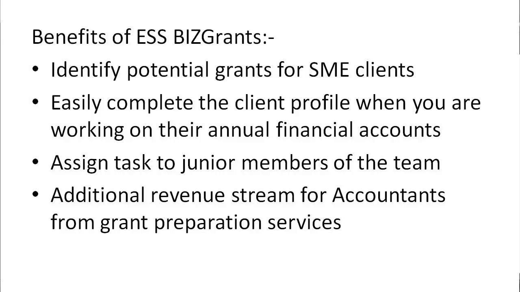The basic data should be able to be imported by a junior member of the team. A more senior accountant that's been working on the client should then complete the specific questionnaires, and you are then in a position, in a very proactive manner, to be able to present to the client a report which says, we've identified that you might be eligible for these grants.